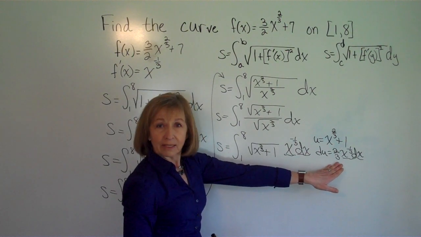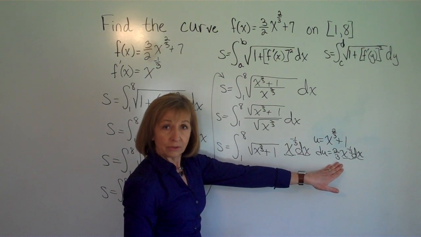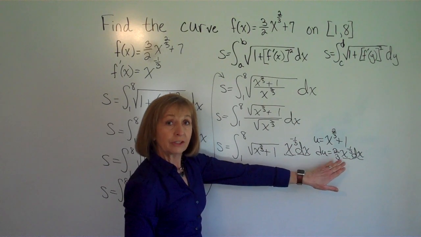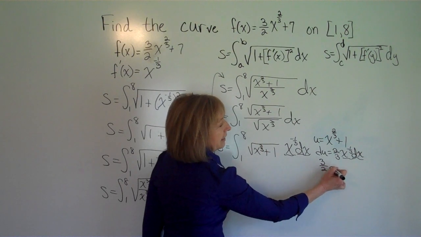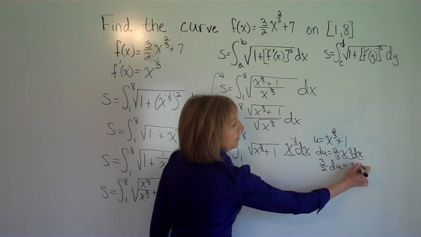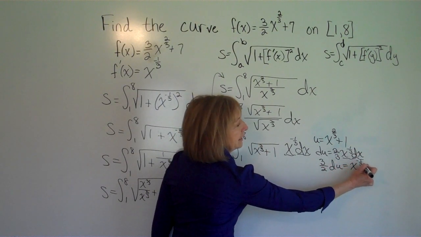I'm going to divide both sides of this by 2/3, and when you divide by a fraction, you multiply by the reciprocal, so that would give me 3/2 du is equal to x to the negative 1/3 dx.